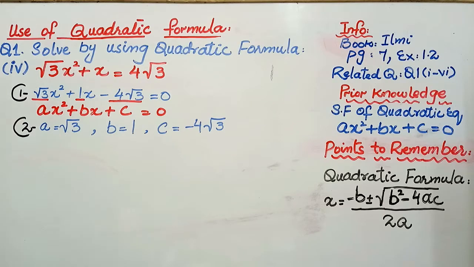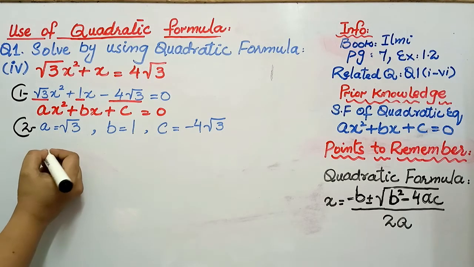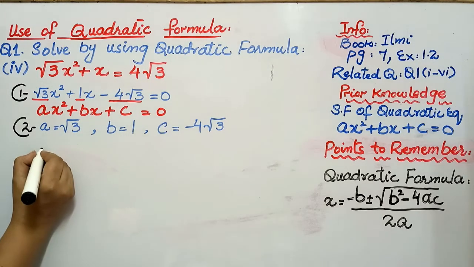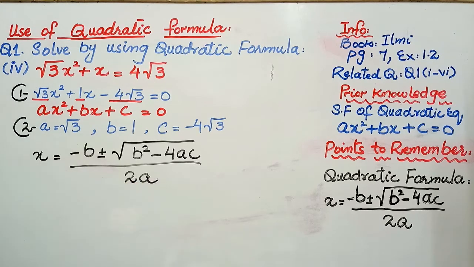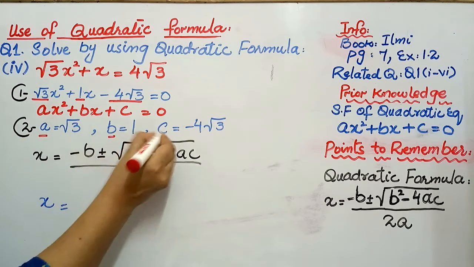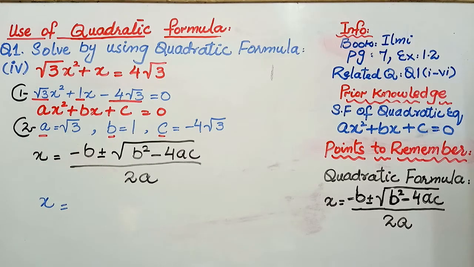So right now we are going to write down the formula of the quadratic equation. Now here we need to substitute the values of a, b and c into the quadratic formula.